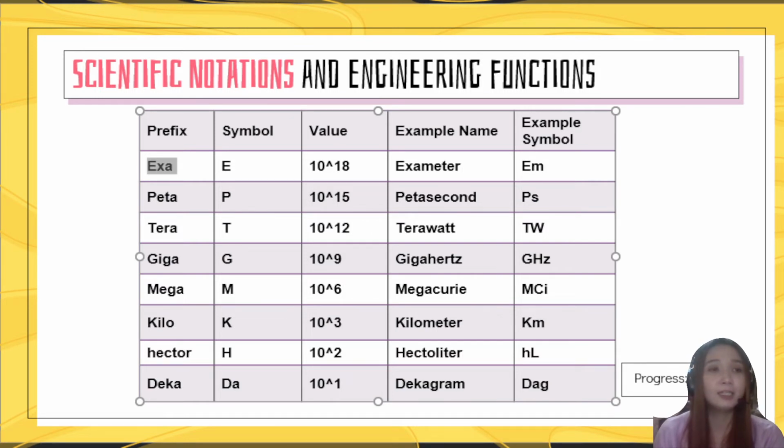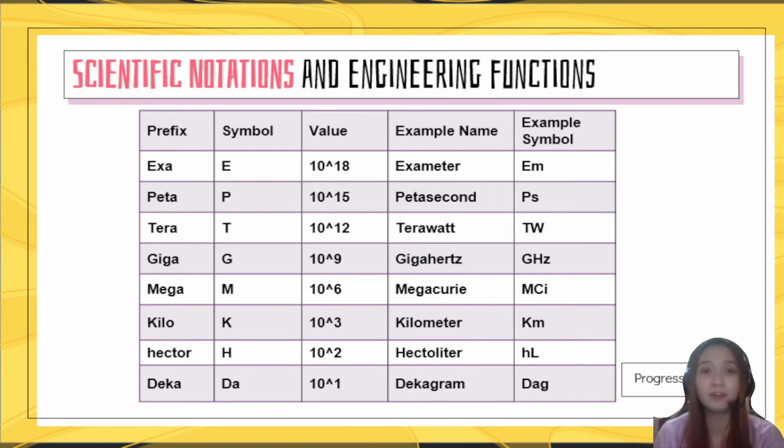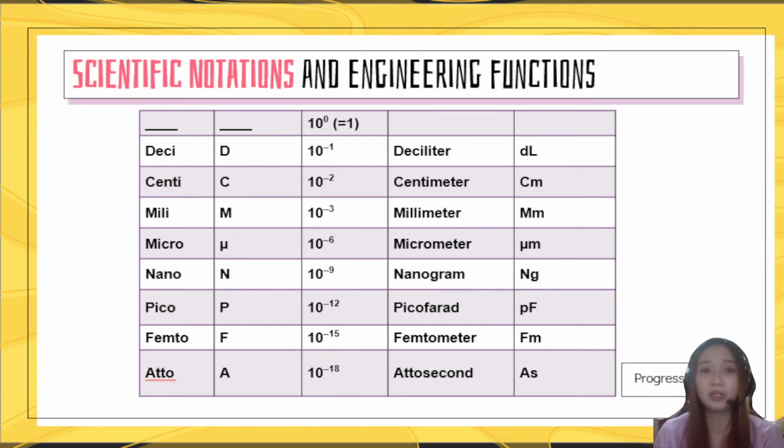Okay? So, mas maintindihan nyo siya pag nagamit nyo na siya into action. So, this one, the first one is for larger values. The second table is for smaller values. So, ano ba yung mga base unit natin or yung 10 raised to 0, which is equals to 1. So, ito yung naka-meters, gram, okay?